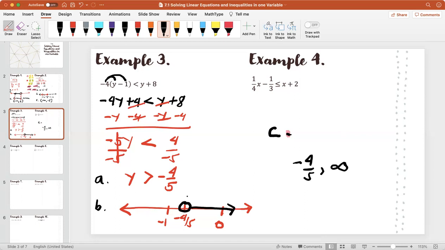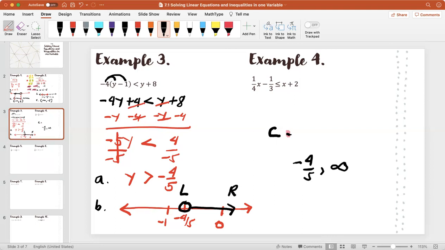This left end is negative 4/5 exclusive, and the right end is positive infinity. It actually doesn't end there, because it's positive infinity. But we should know what's left and right. So this is your left member of the interval notation, and this is the right member.